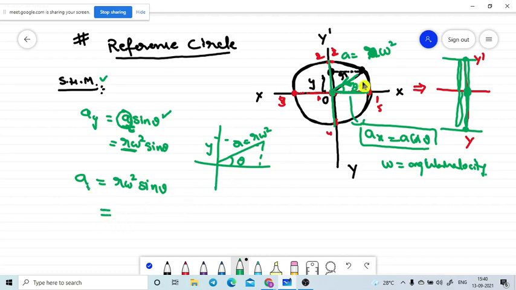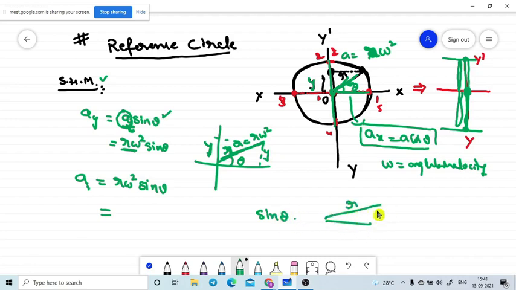Now with the help of this, this is the y value, and this is the r value, the radius of the circle. Can you find sin theta with the help of the diagram? Let me draw the diagram.